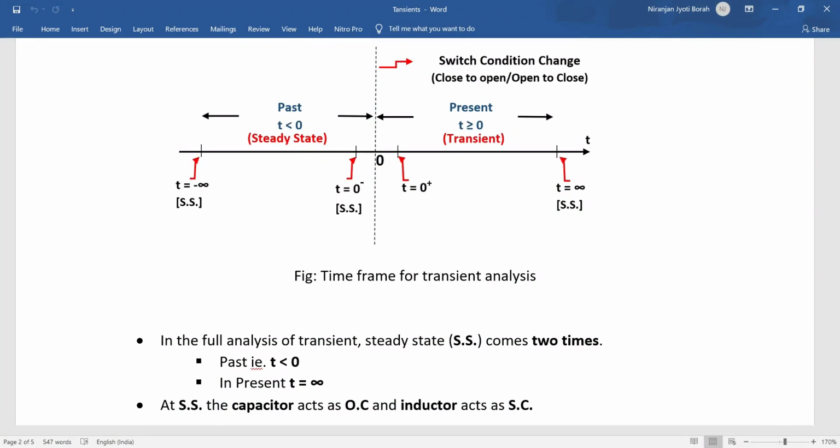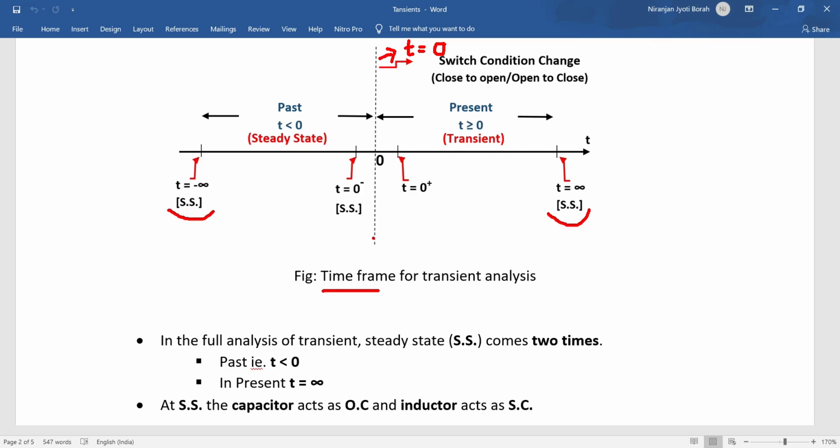This figure shows the time frame for transient analysis ranging from t equals minus infinity to t equals plus infinity. Here we have assumed that the switching has been done at t equals 0, which is represented by this vertical axis.